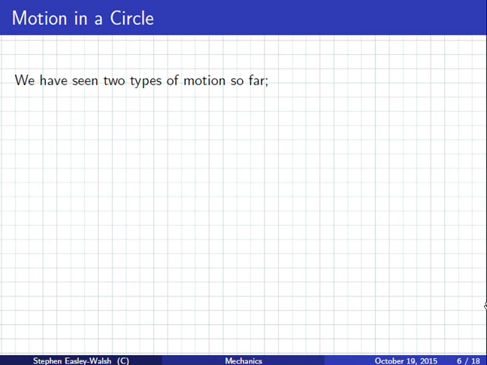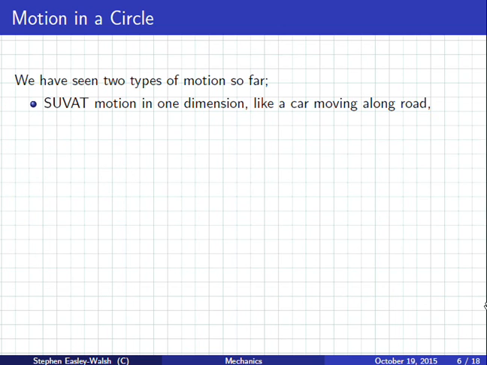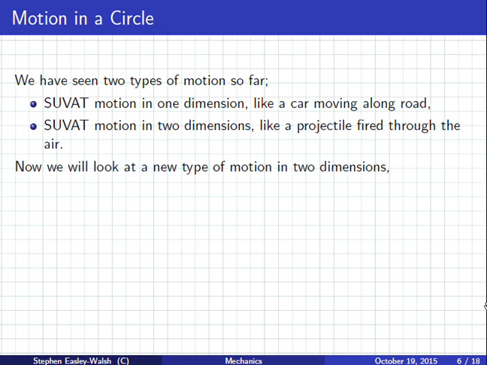We've seen 2 types of motion so far in physics: SUVAT in 1 dimension, and then SUVAT in 2 dimensions. Remember the projectiles? We're going to look at motion in 2 dimensions, but this time motion in a circle.